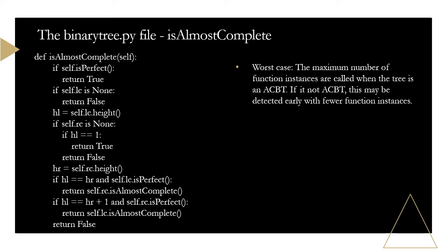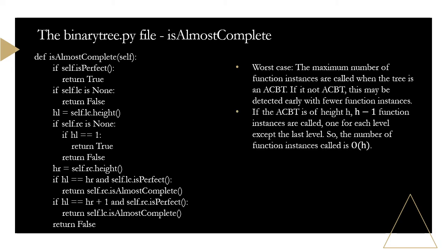The maximum number of function instances are called when the given tree is an ACBT. If the ACBT is of height h, h minus 1 function instances are called, 1 for each level except the last level. So the number of function instances called is O(h).